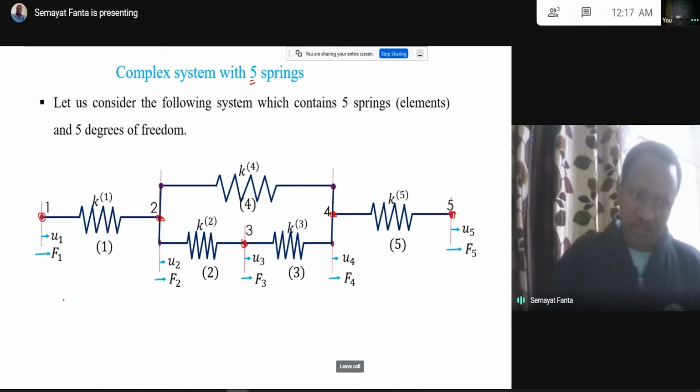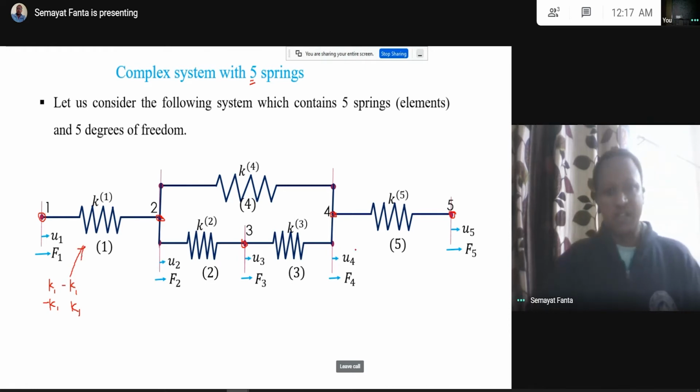So the entries are K1 and minus K1, minus K1 and K1. So this is for this spring. Here K2 is there for the next portion, and K4 is there.